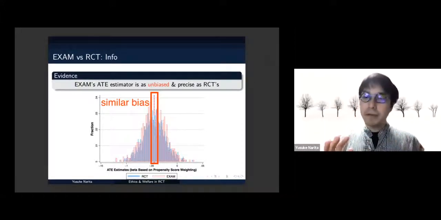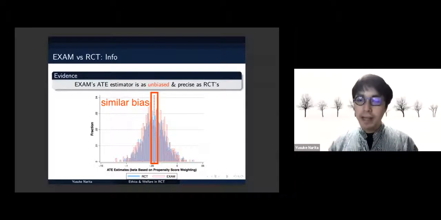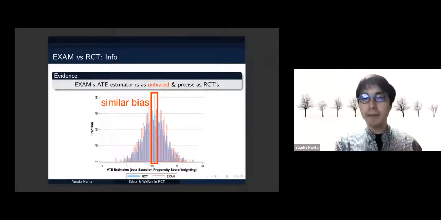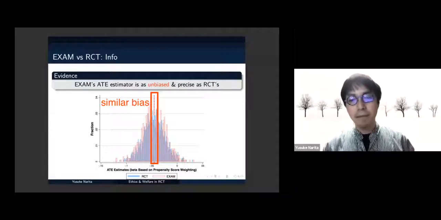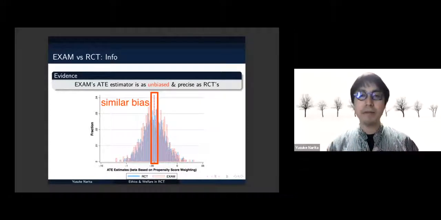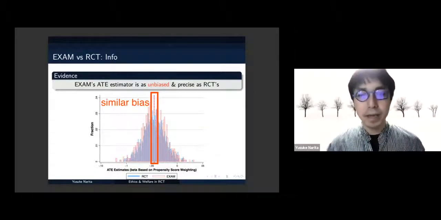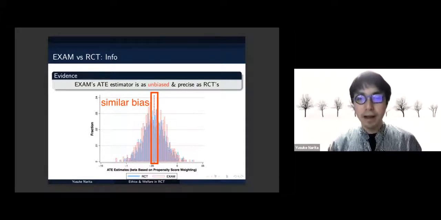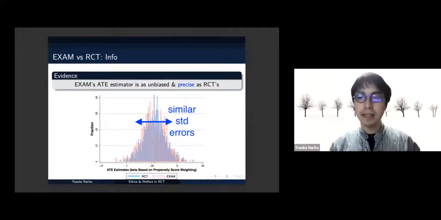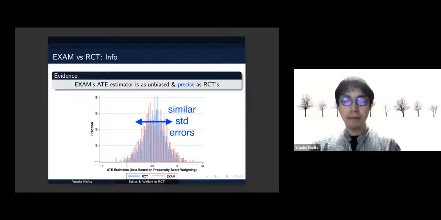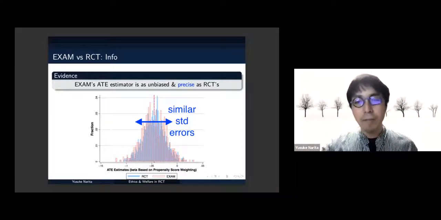And the similarity between these two distributions, blue and red, shows the following two points. First of all, both exam and RCT have very little bias, and both of them allow almost unbiased estimation of the true treatment effect. On top of that, the two designs share very similar standard deviation or standard errors or variance in this average treatment effect estimation.